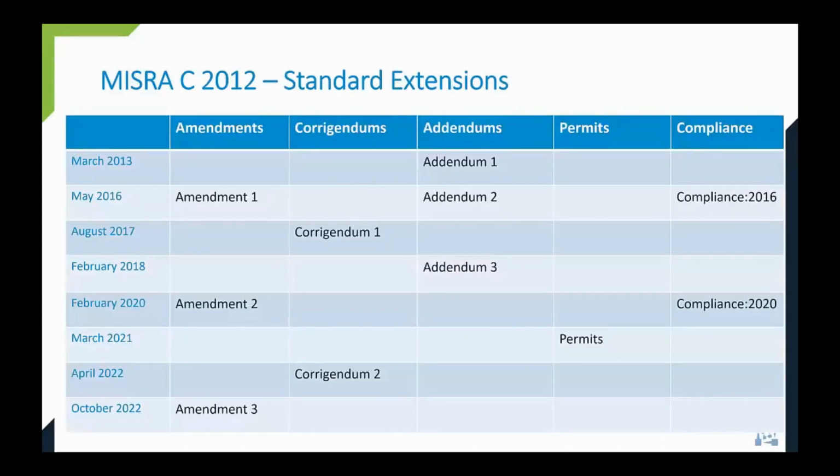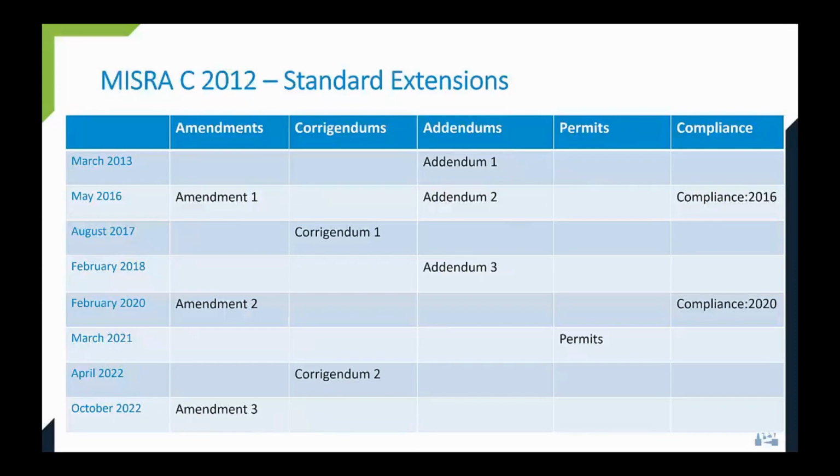Throughout the years, MISRA C 2012 was augmented with the following additions. There were 3 amendments, 2 technical corrigenda, 3 addendums, 1 document with permits, and 2 documents about the compliance process and reporting. Each of these documents extends the core standard.